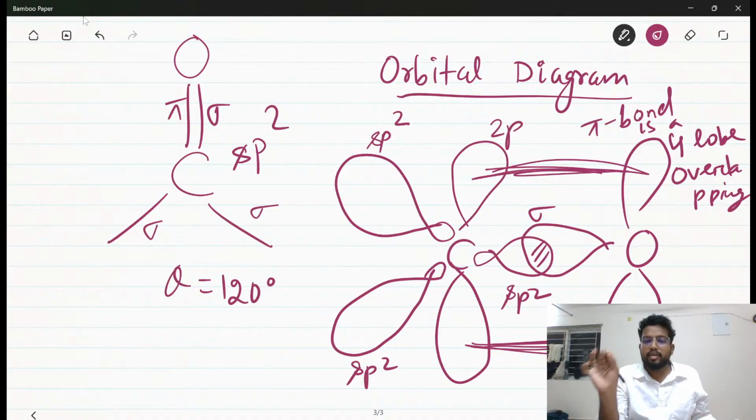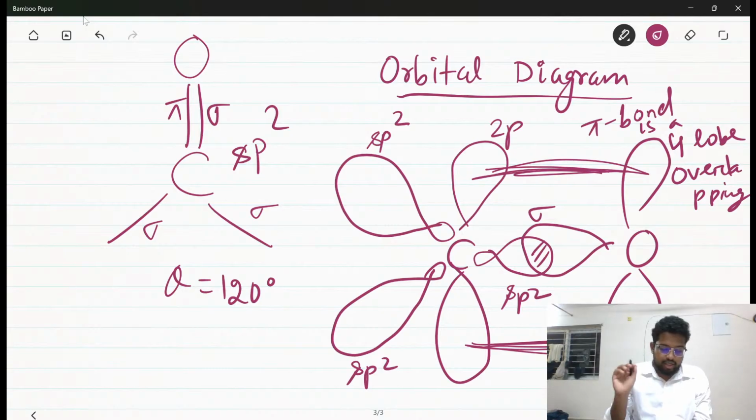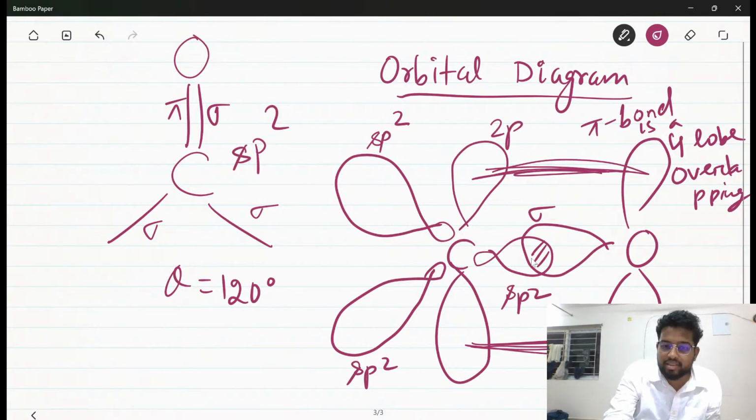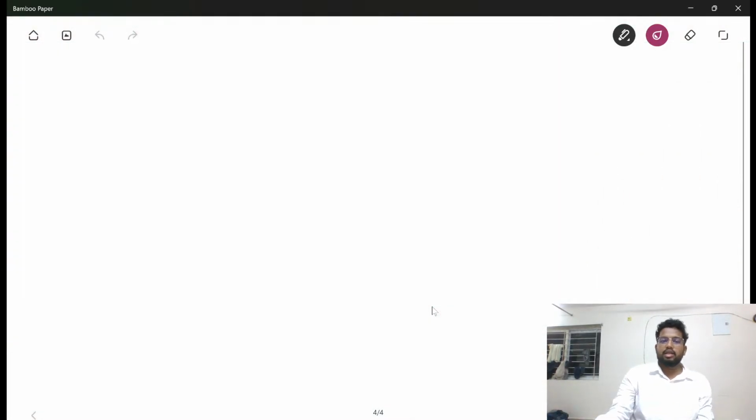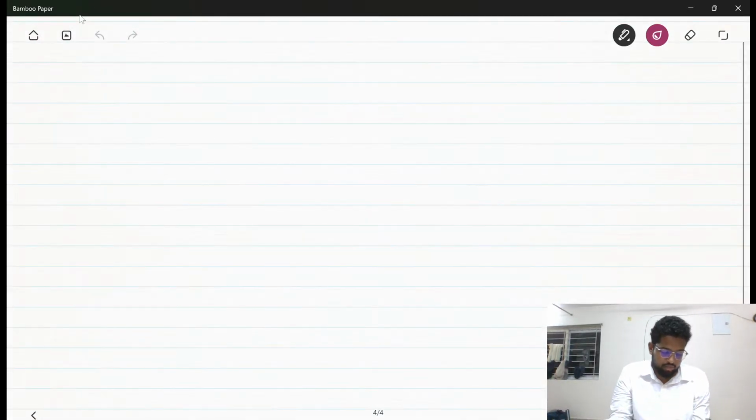And then apart from that, we discuss their methods of preparation, physical properties, chemical properties, and uses. So every organic chapter has these outlines. So let me tell you the overall outline of this chapter before going to the next slide or before teaching anything else.